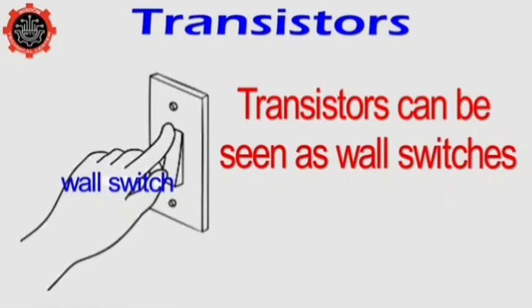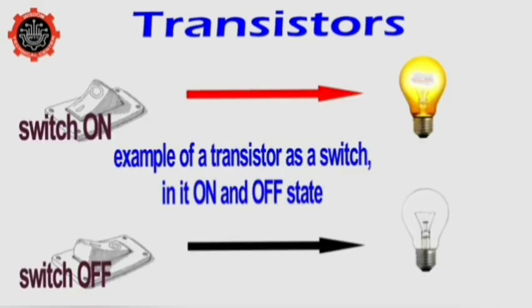First, a transistor could be used as a switch, just like the switches of our home outlet. This switch can either be open where the light is off, or closed when the light is on. So this is one way that I could use a transistor.